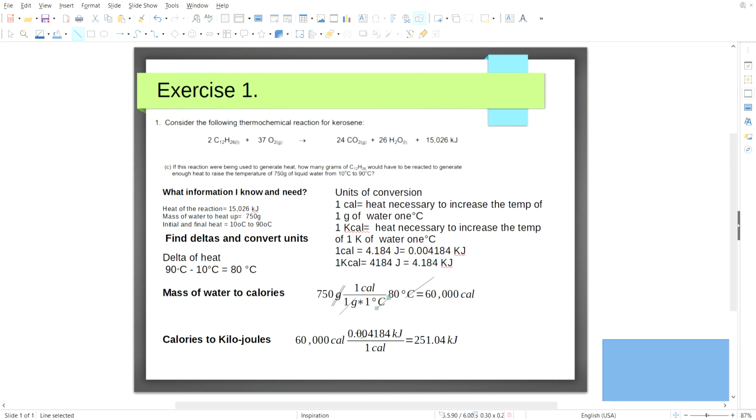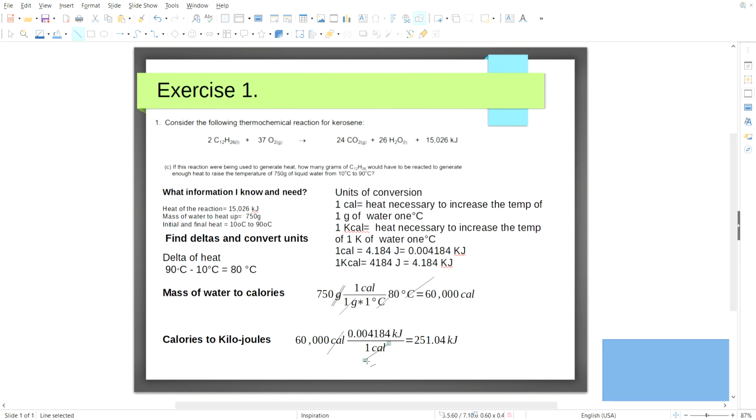So what I'm going to do here is a calories to kilojoules conversion, which is pretty simple. I decided to do it in the following way. I have this amount of calories, and I know that 1 calorie equals 0.0048184 kilojoules. I just multiply these two, and I'm going to cancel the units.